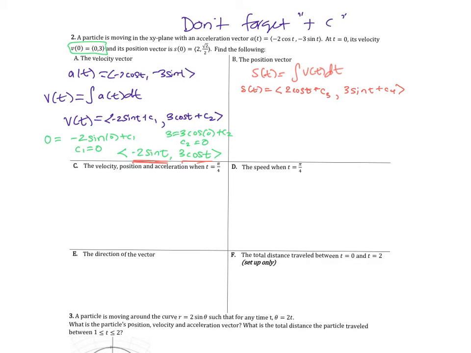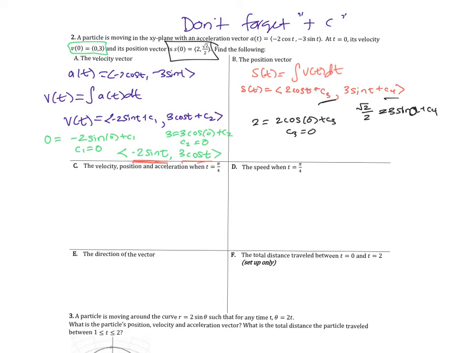Now I need to figure out what my c3 and my c4 are, and I can use this initial condition to do that. So when t is 0, the x component is 2 cosine of 0 plus c3. That means that c3 is 0. When t is 0, the y component is root 2 over 2 equals 3 sine of 0 plus c4.